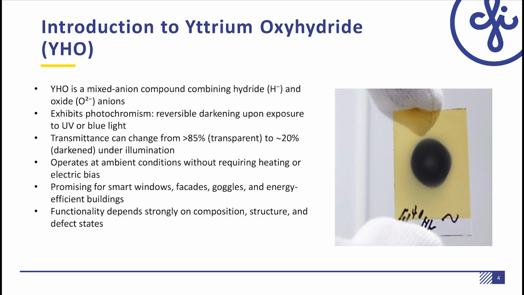Under illumination, its transmittance can drop from over 85% down to 20%. Importantly, it operates under ambient conditions. That means that we don't need heat or external electric field to activate this material. This makes it a strong candidate for smart windows and building facilities.